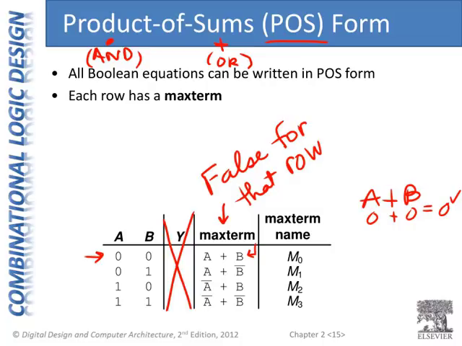And you can look at any other row and see, yep, it's false only for that input combination. So any other input combination, 0, 1, would be 0 or 1. That would be true. 1 or 0, that would be true. 1 or 1, that would also be true. So it's false for its associated row, and true for any other input combination.